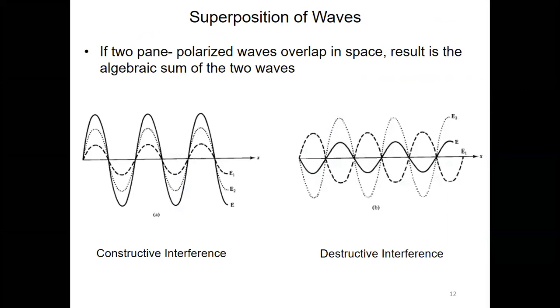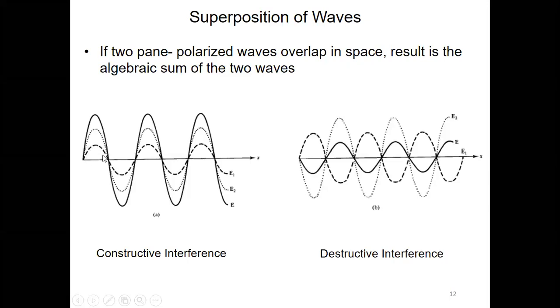You might know that waves can have constructive as well as destructive interference, right? Constructive interference happens when two or more different waves are in the same phase.